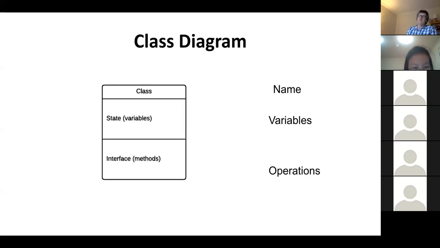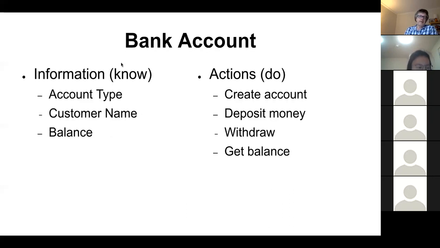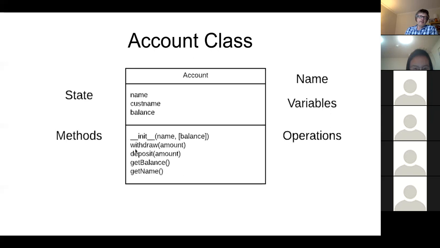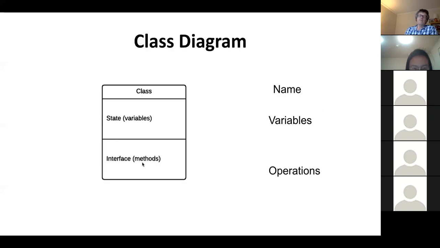So sometimes when we think about classes, we use a diagram like this, right? It's divided into three parts: the name of the class, the state or the variables, which is like the information here, what we need to know about that class, the data. And then the interface, which is the things that we want to do to the class.